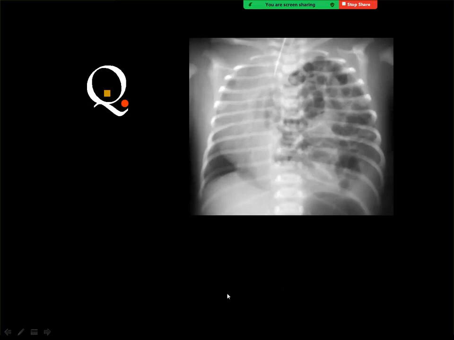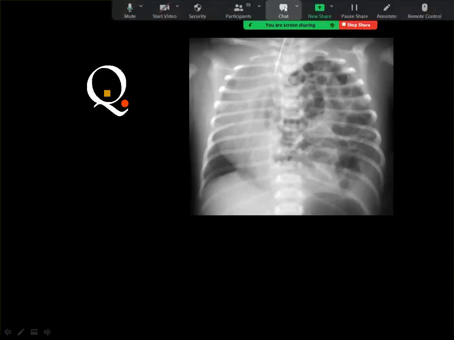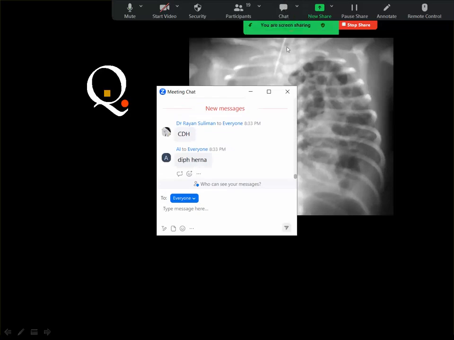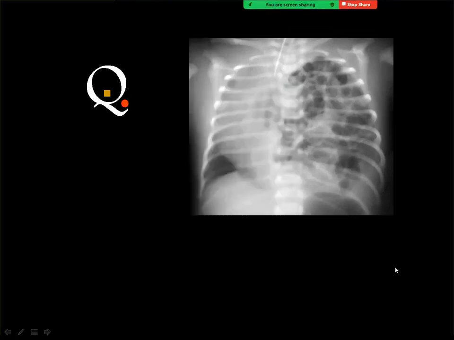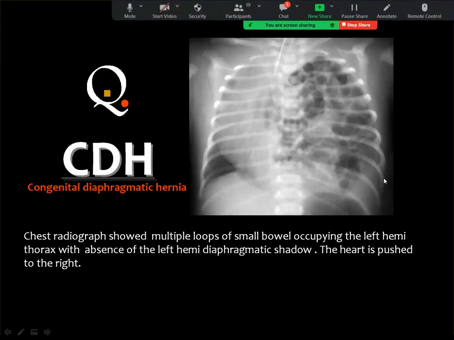And the next case is a chest X-ray showing this appearance in the left lung. Yes, diaphragmatic hernia. The answer is right. You get intestinal loops filled with air, and the air in these loops is continuous with the air in the abdomen.